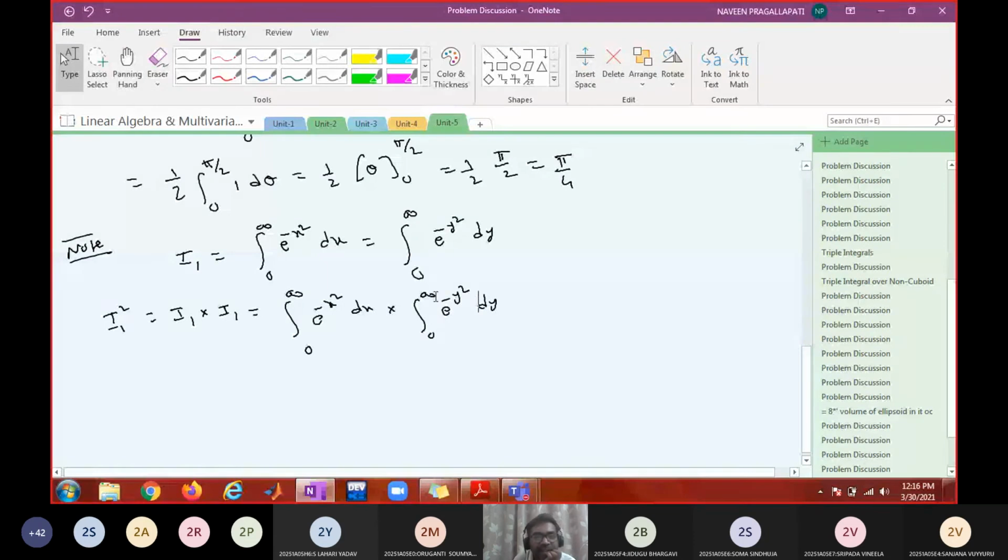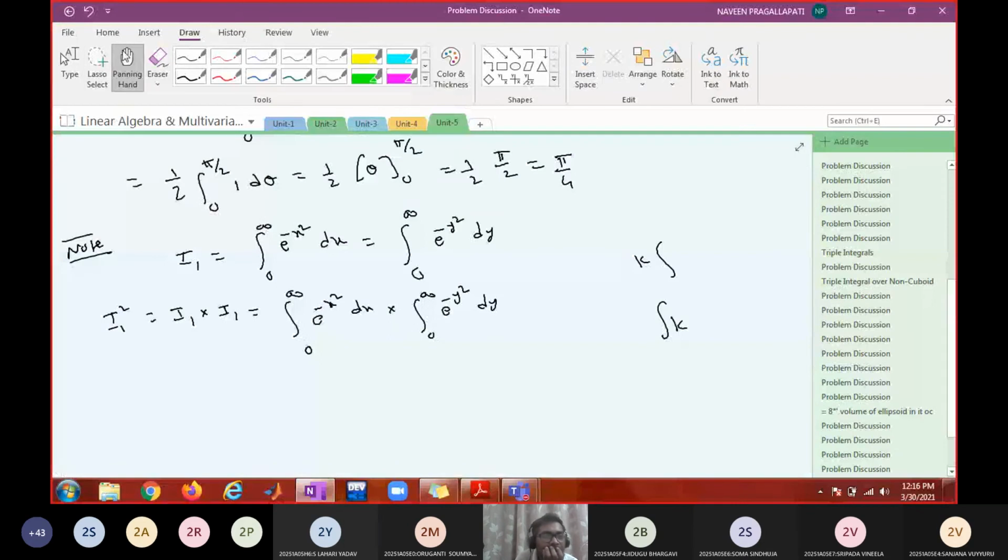Now please listen, this entire thing is a constant and this is an integral. Can I bring this constant inside the integral? K into integral is integral k. Constants can be taken inside the integral. So this entire thing is a constant.